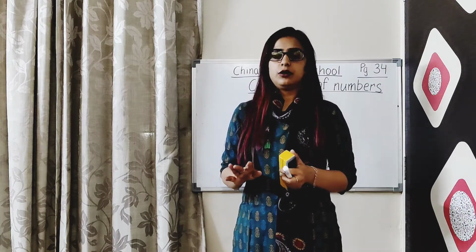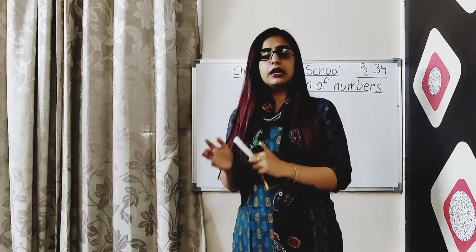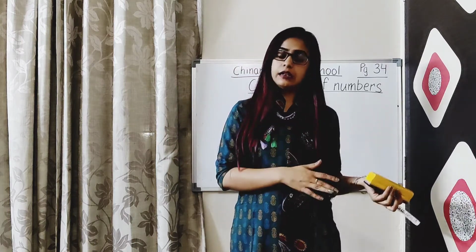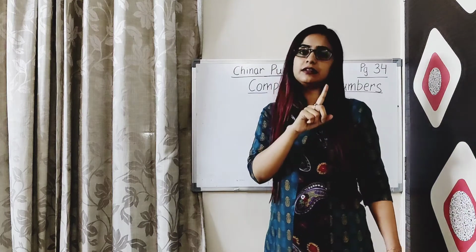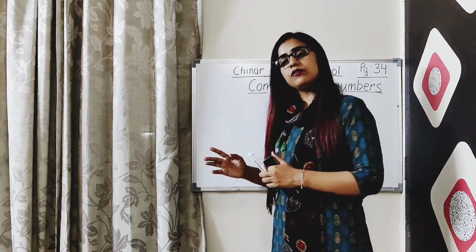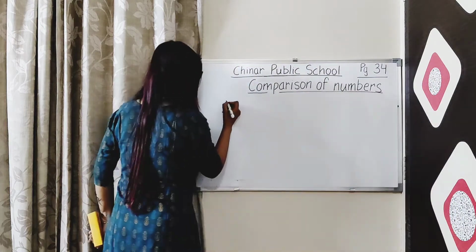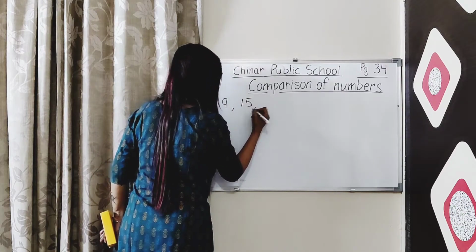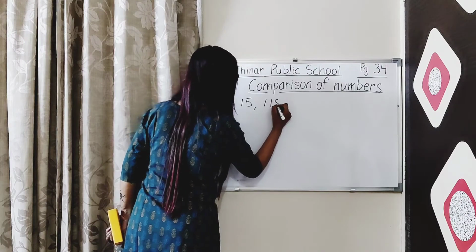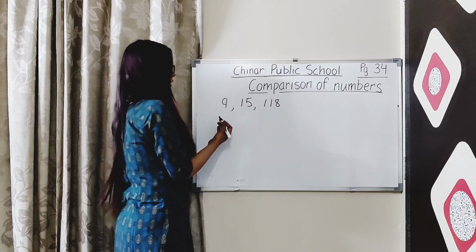Before doing comparison, you have to keep one thing in mind: the number having more digits will always be greater than the number having fewer digits. Like if a number has only one digit, it will always be smaller than a two-digit or three-digit number. Let us see, if the numbers are 9, 15 and 118.